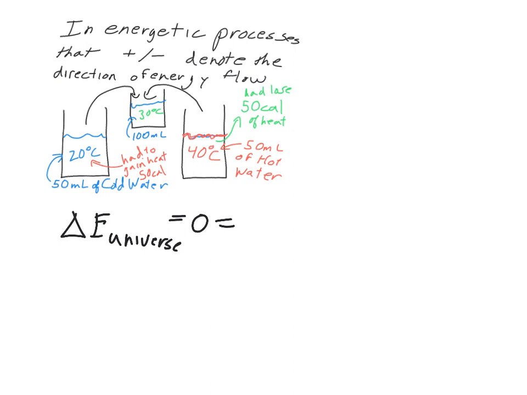We've got what we'll call cold water, and we've got some hot water. So the energy change experienced by our hot water plus the energy change experienced by our cold water has to be equal to 0. We know that our cold water had to gain 50 calories and our hot water had to lose 50 calories.